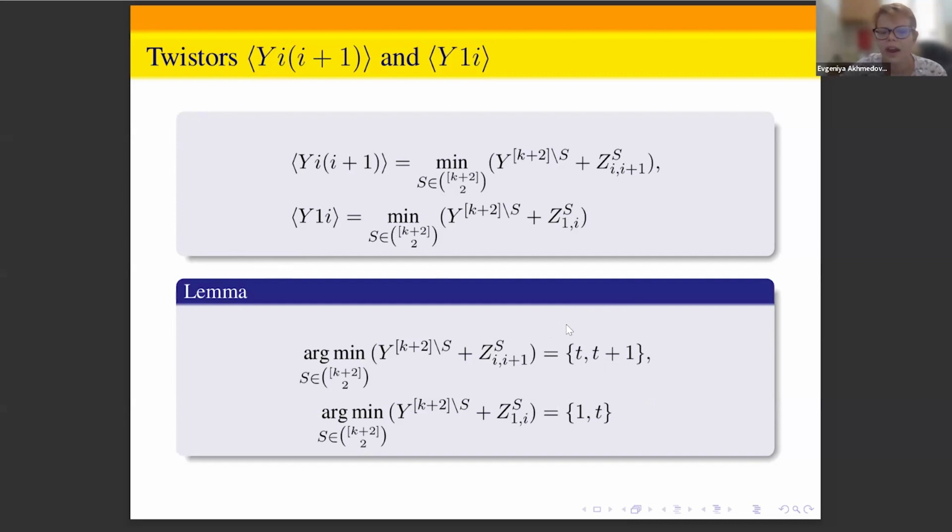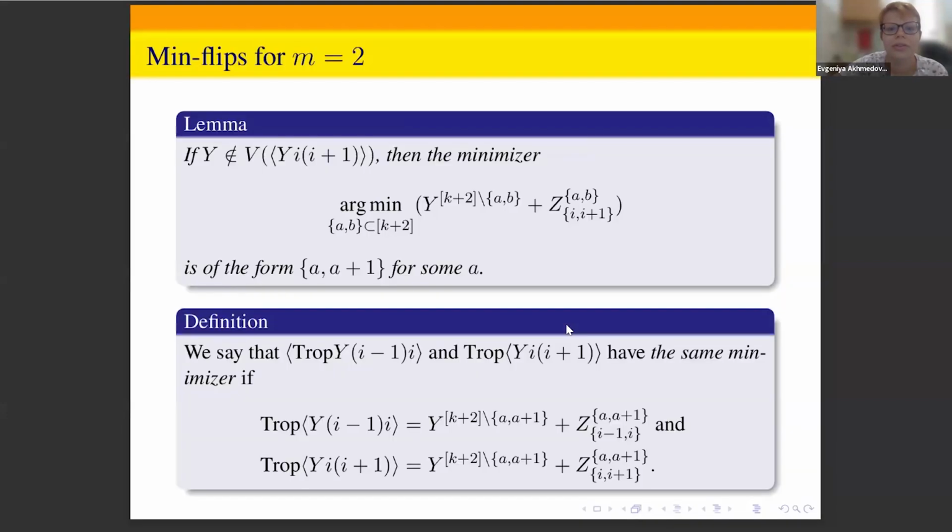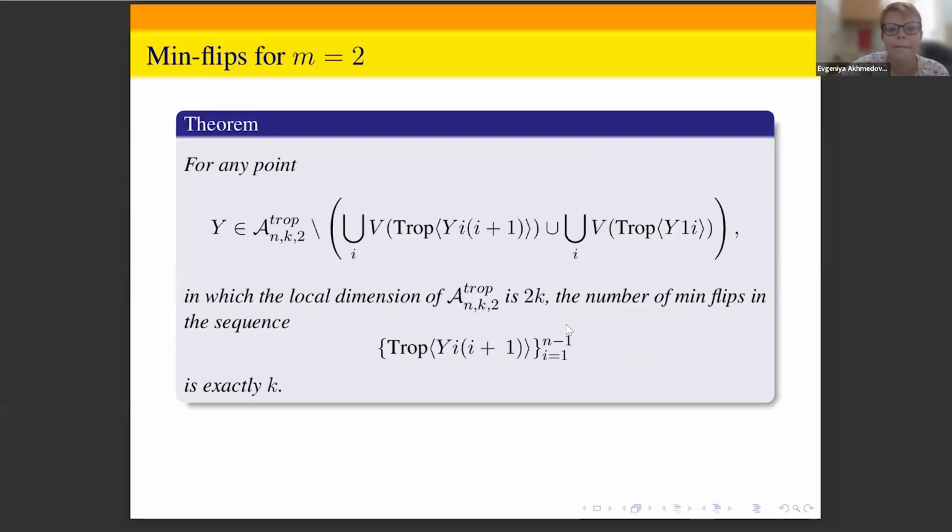But here we don't have a sign flip in the regular case because all of our coordinates have to be positive. So this is something interesting we want to study more. Here is the sign flip condition written out, and the min flip, as we call them, for the i+1.